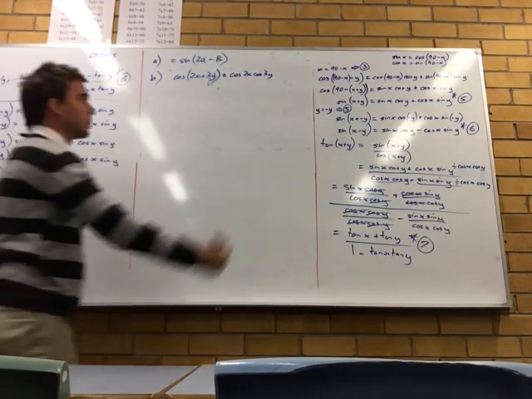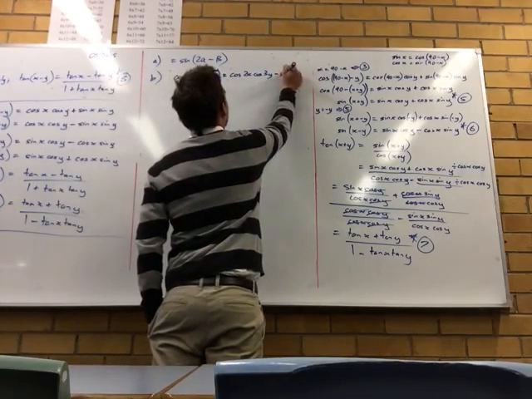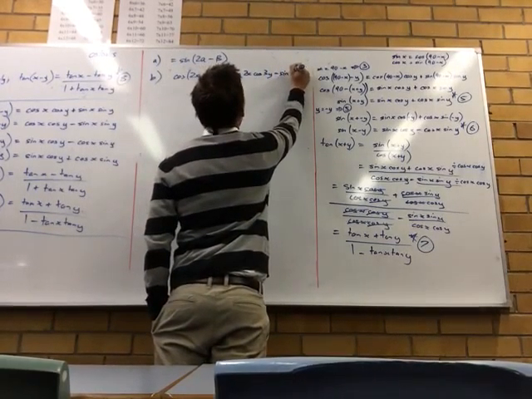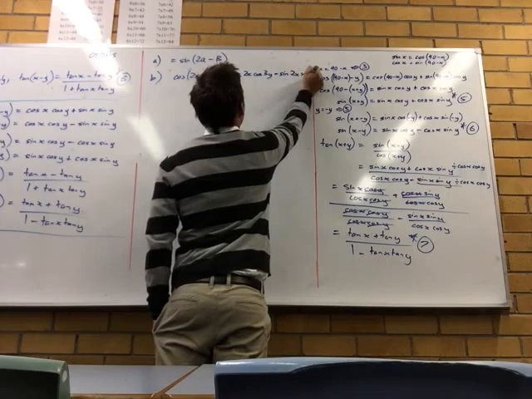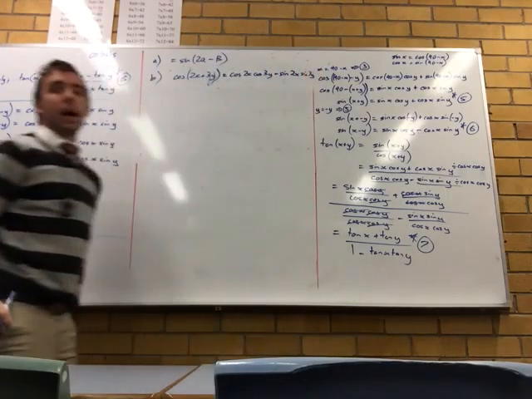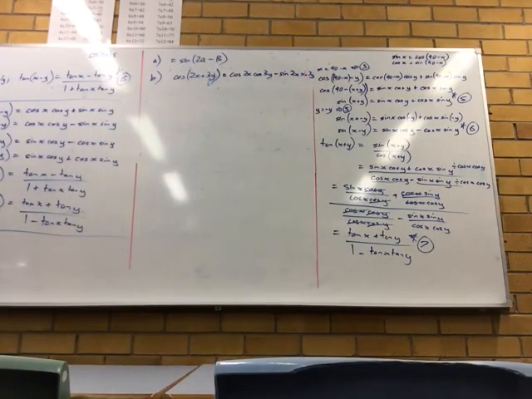Cos is opposite: take away sine 2x sine 3y. Okay, so that's just simplifying and expanding.